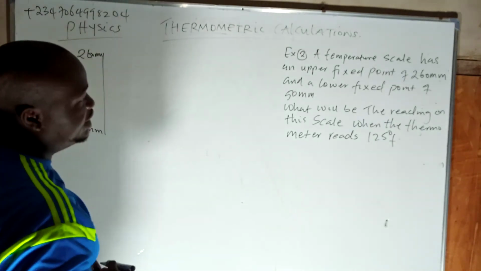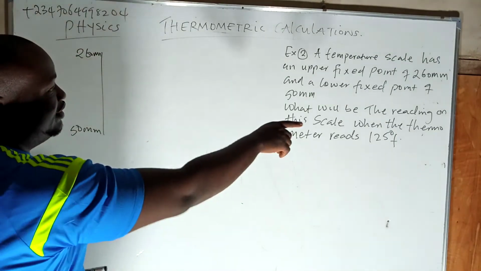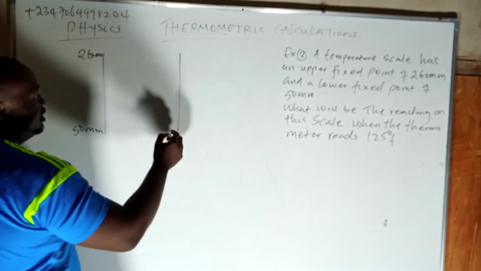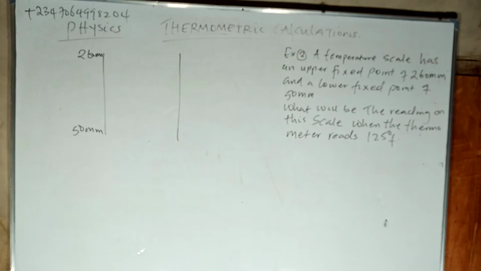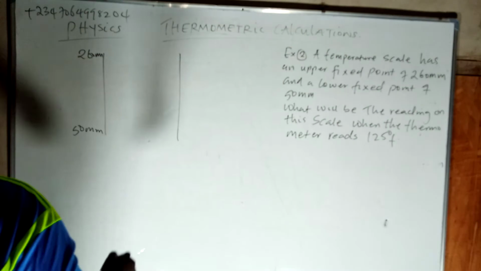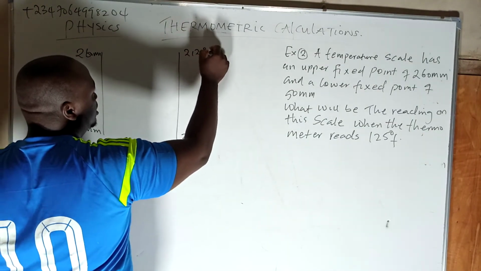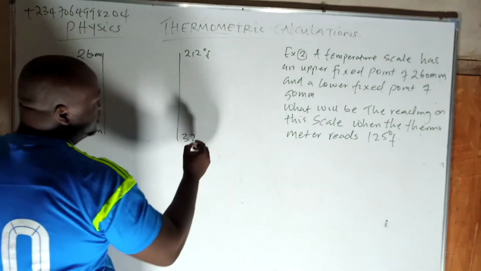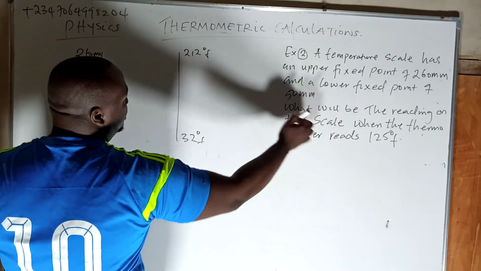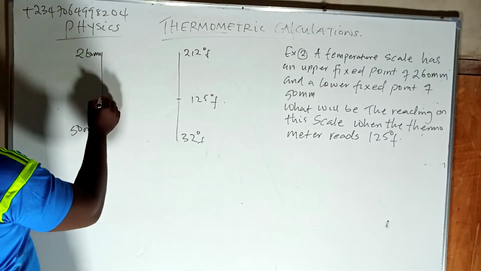What will be the reading on the scale when the thermometer reads 125 degree Fahrenheit? So we are comparing with degree Fahrenheit. Remember, I gave you a diagram on how to compare this. The lowest fixed point in degree Fahrenheit is 32 and the highest is 212, right? The next thing is they want to know the reading once this thermometer reads 125. That means what we want to get is X.